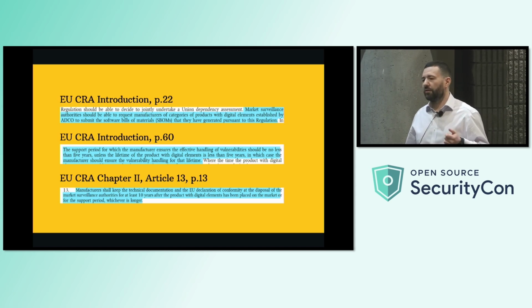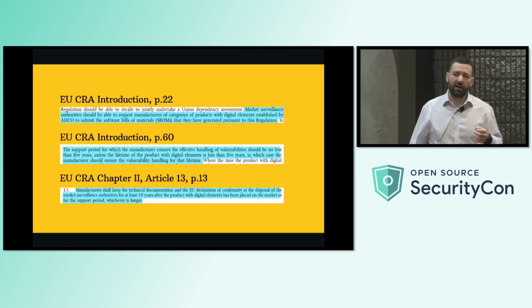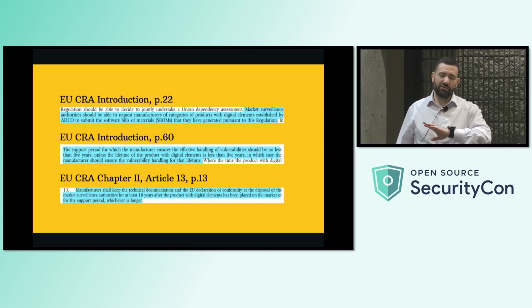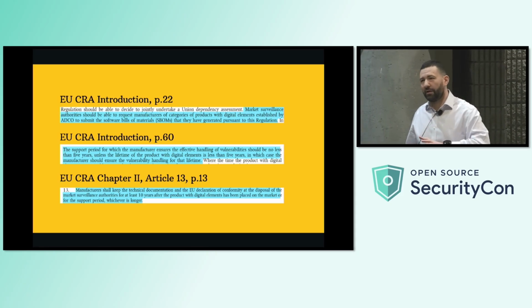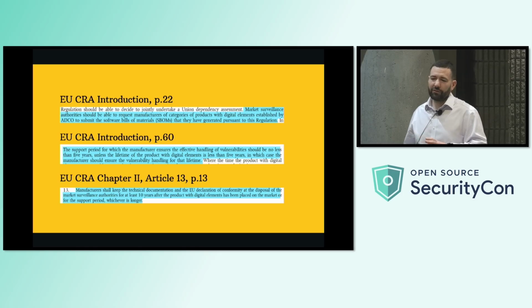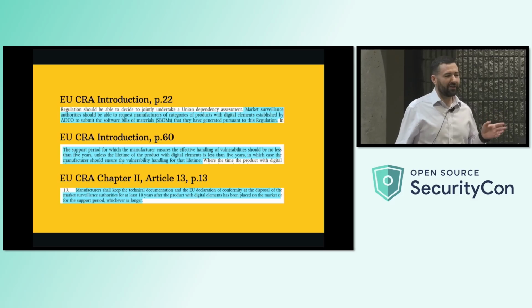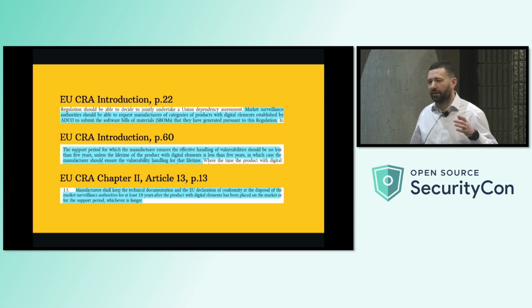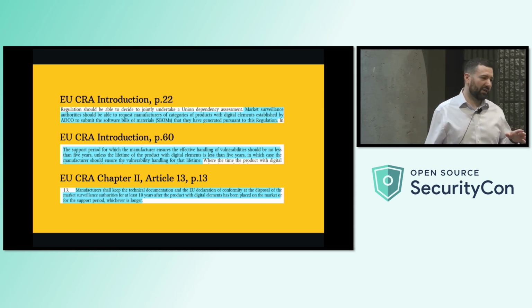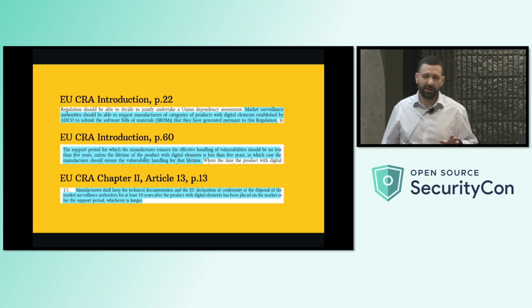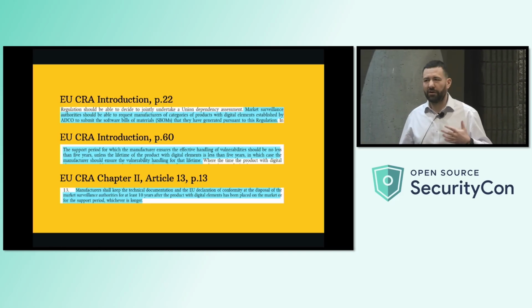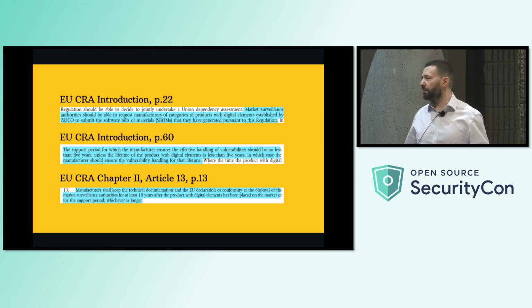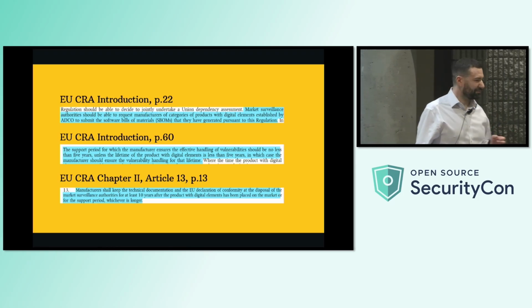What CRA tells you, essentially, is that you need to have SBOMs for your products with digital elements, and you need to store them for 10 years or more for each single product, together with other technical documentation. I believe that a lot of the current tools we have are not capable of doing that properly, but this initiative can help. And by the way, if you don't do it, there are big fines of millions of dollars.